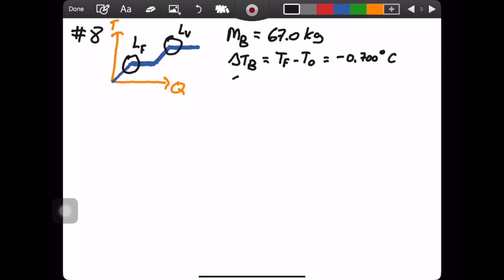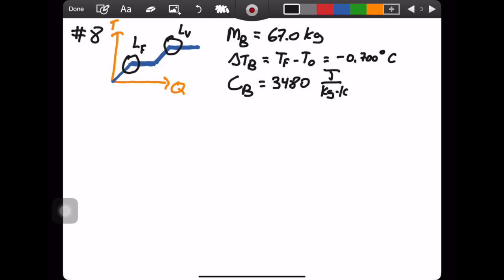There's a parameter called the specific heat, which I'll get more into in a second. And the specific heat of the body, that's what the B stands for there, is equal to 3480, in units of joules per kilogram Kelvin.